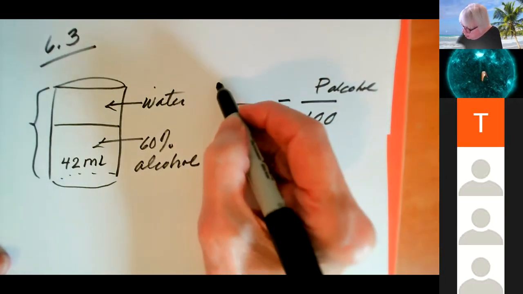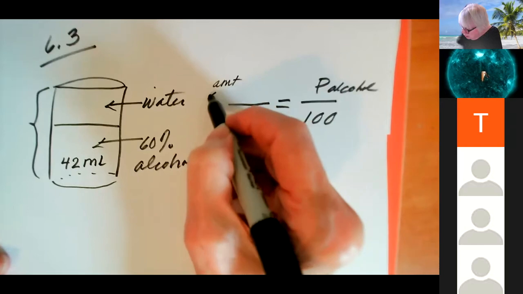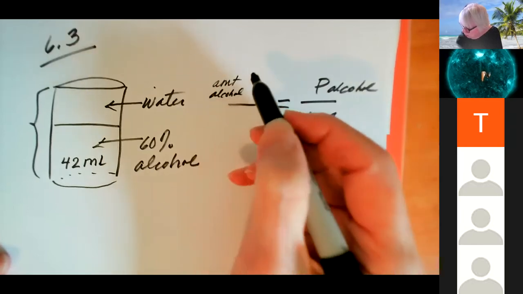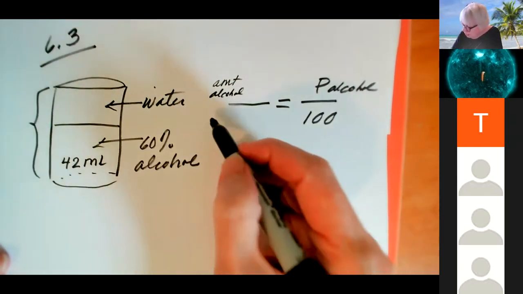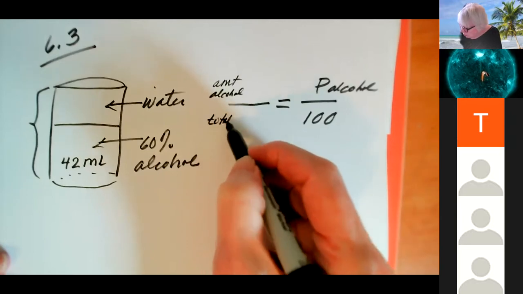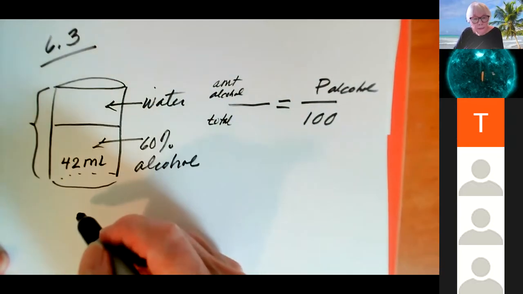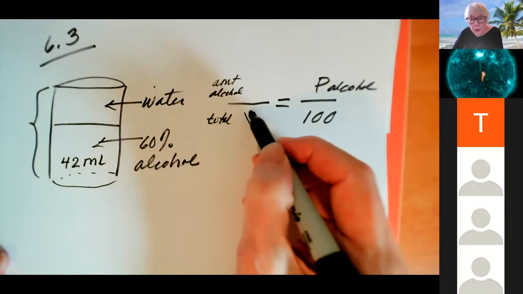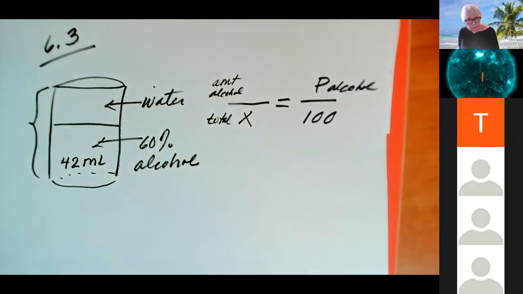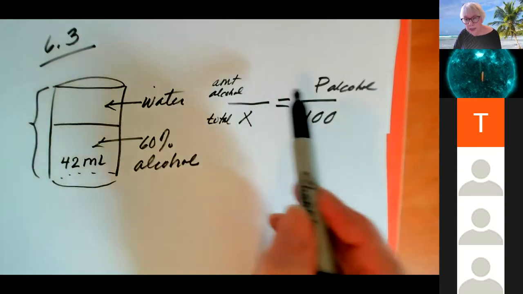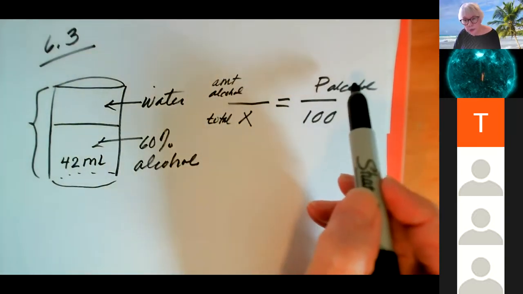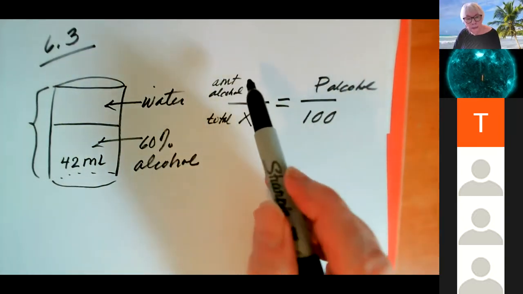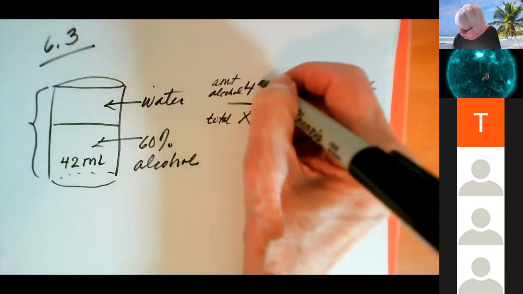This over here would be the amount of alcohol. This would be the total of the whole thing. We do not know the total. Okay, but we do know the amount. And so this is corresponding to the percent. And so the amount is 42.